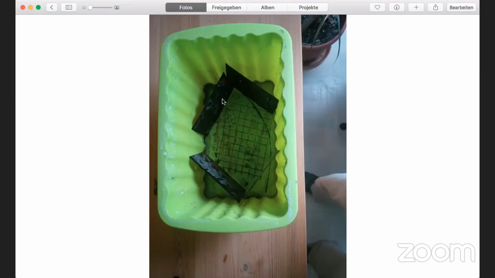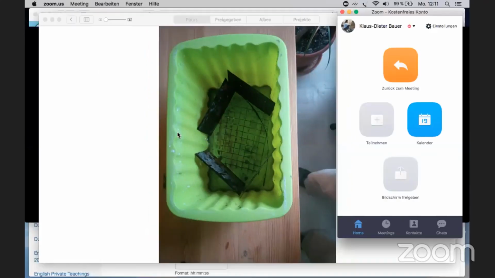That was the first picture. And when I put off the ceiling, you see on the front side there's nano-coating. Oh, sorry, I have to reshare. Come back.